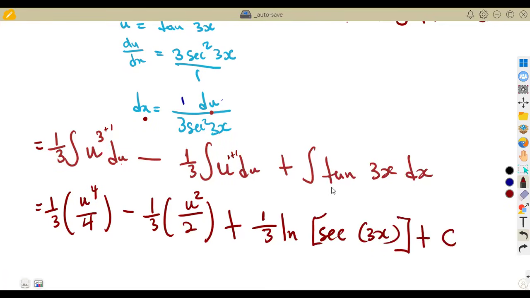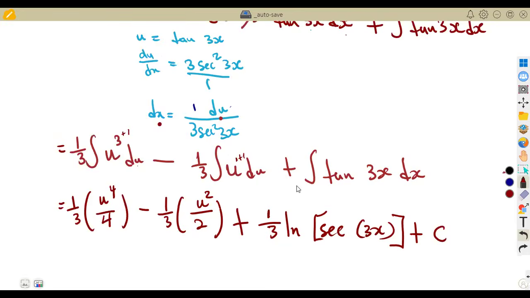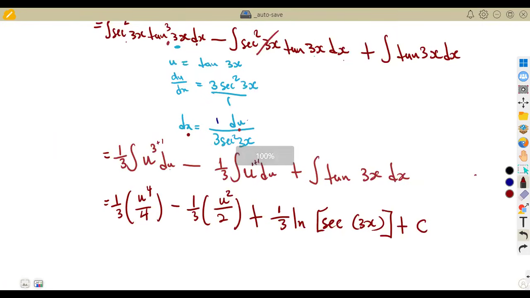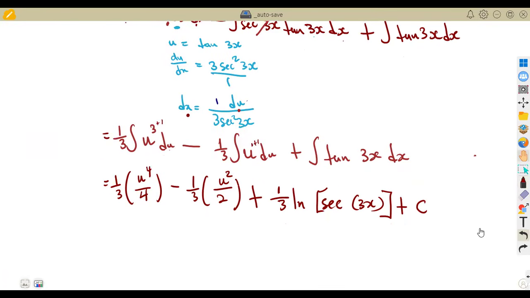Now we can substitute, because remember here, we were dealing with u, which is represented by tan. So wherever we see a u, we're going to substitute tan 3x. The numerator is supposed to be u to the exponent of 4, but u is tan. So it's tan to the exponent of 4 of 3x over 3 times 4, which is 12.